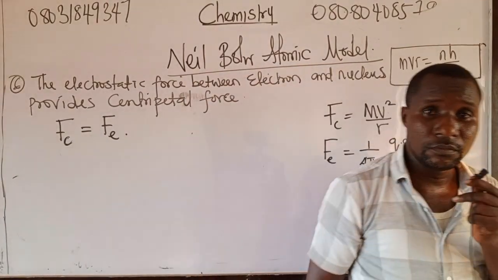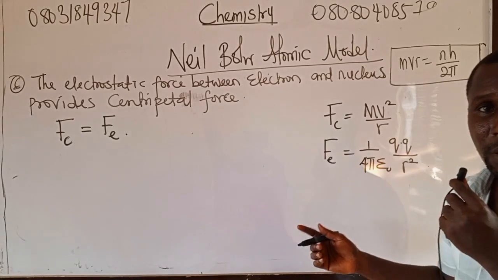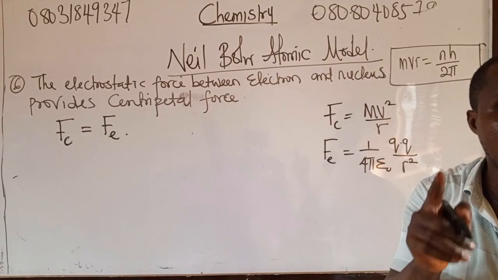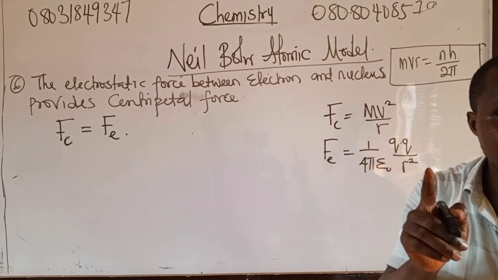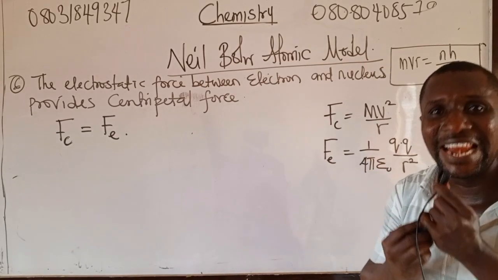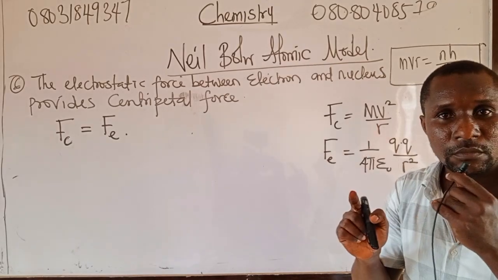Don't forget, I'm talking about the electron and the nucleus. Inside the nucleus, we have a particle called proton, which is positively charged. The charge of an electron is the same thing as the charge of the proton.